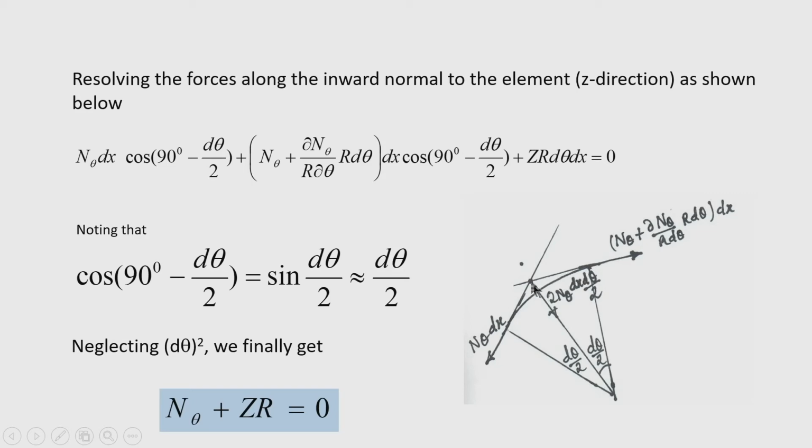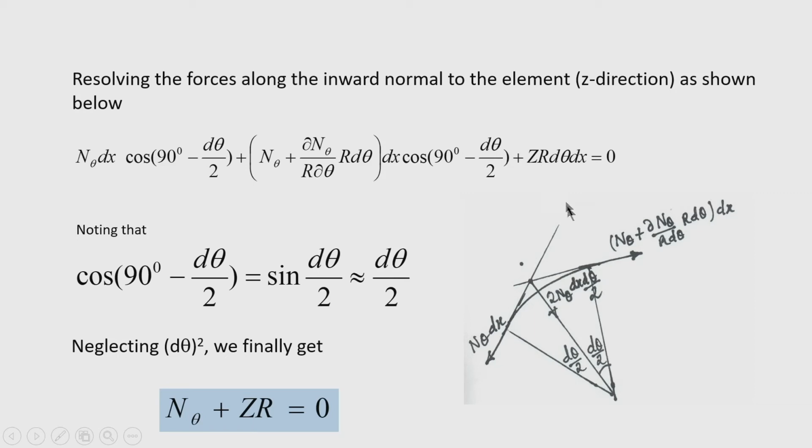So, resolving these forces along the radial direction, the component of n theta dx will be n theta dx cos 90 degree minus d theta by 2, plus on the other side n theta plus del n theta by del theta r d theta into dx cos 90 degree minus d theta by 2.